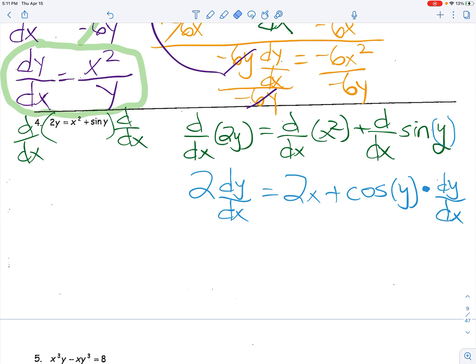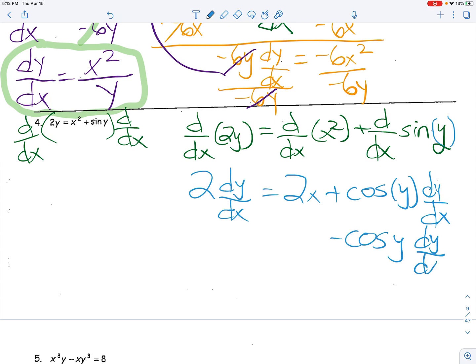So let's see. Normally I would rewrite this and clean it up a little bit, but I'm worried about space, so I'm gonna just put cosine y and then dy/dx there. Remember, we need to get all of the dy/dx terms onto one side, you know.